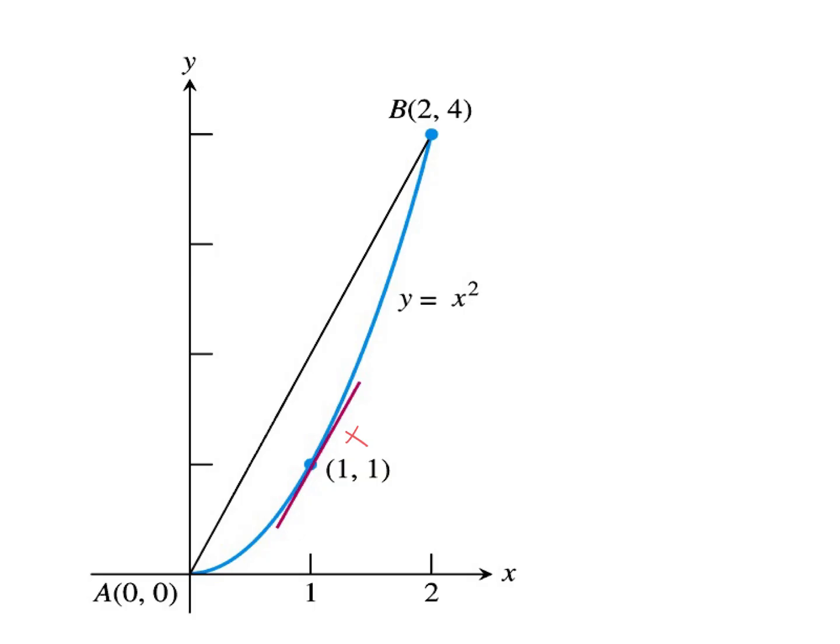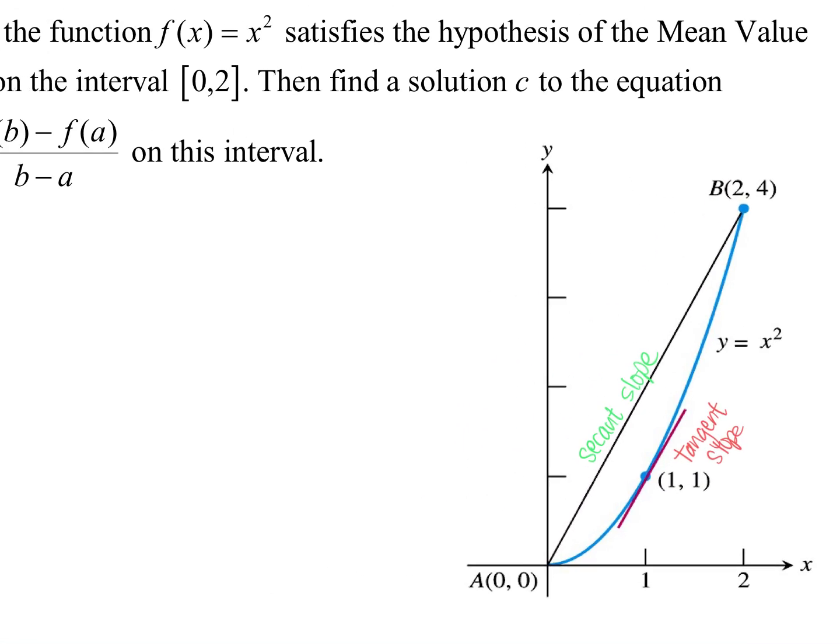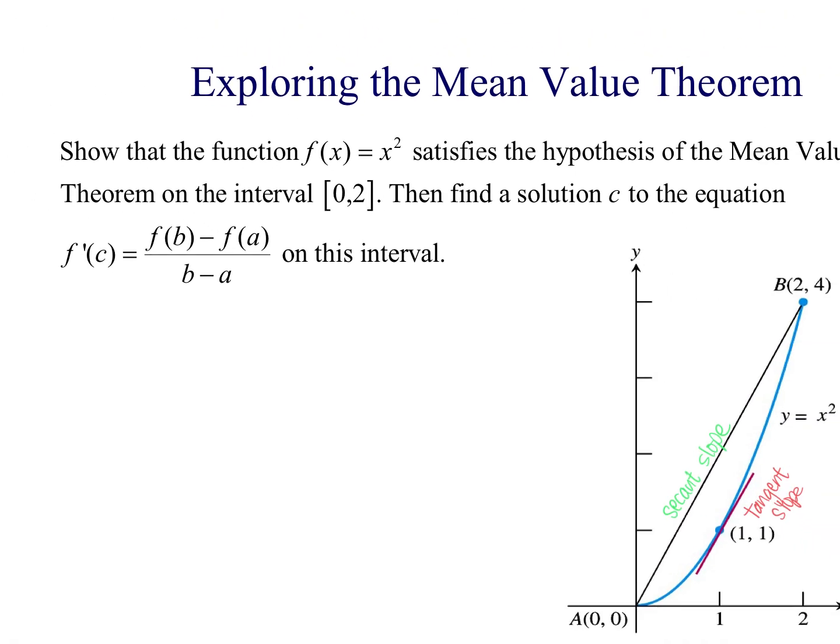So we're going to have our tangent slope. And it's going to be running parallel to the secant slope. And you're guaranteed that this will happen once at a minimum. In this case, it happens exactly once. But if you want to find that, then you'll set up the mean value theorem.